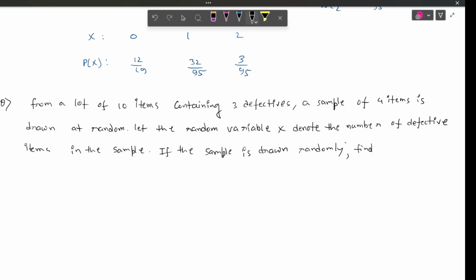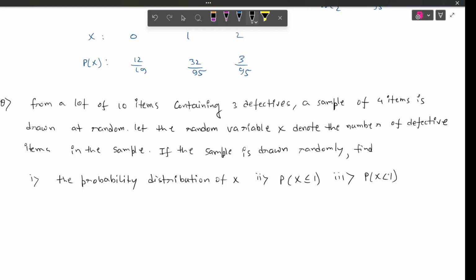Find number 1, the probability distribution of x. Number 2, probability of x less than equals to 1. Number 3, probability of x less than 1. And number 4, probability of 0 less than x less than 2.